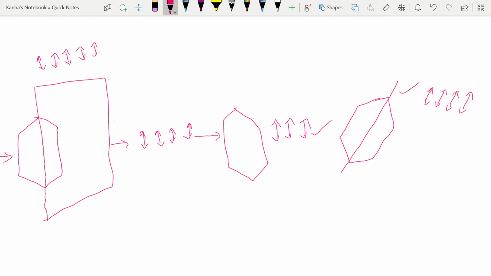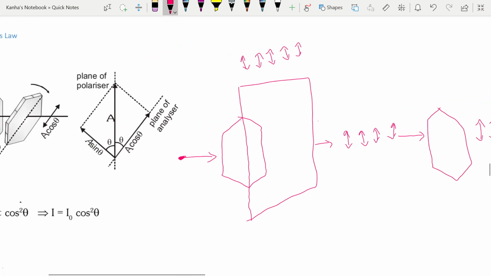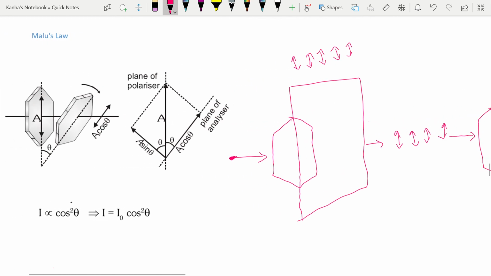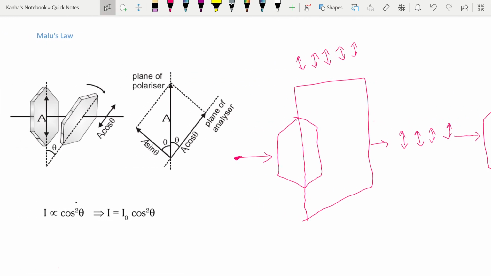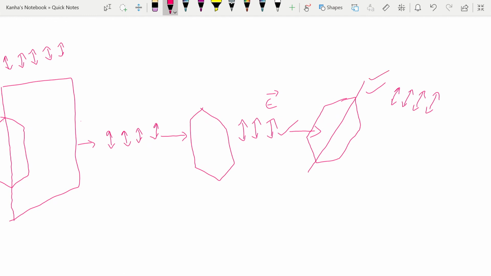When these vibrations of the electric field reach this polarizer, we'll use the simple split. We will split these into simple vectors. My analyzer is basically the last polarizer that will be used. There is something known as the plane of the analyzer, which is this plane.